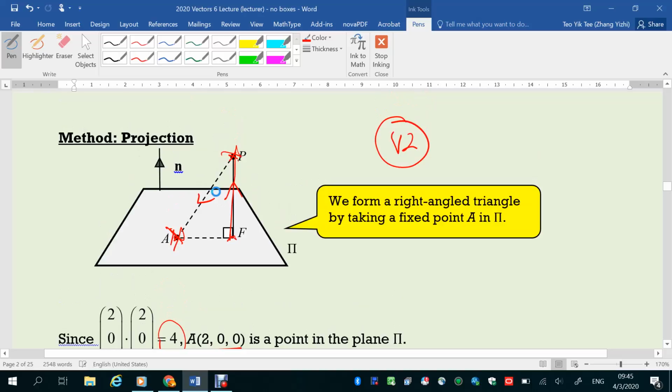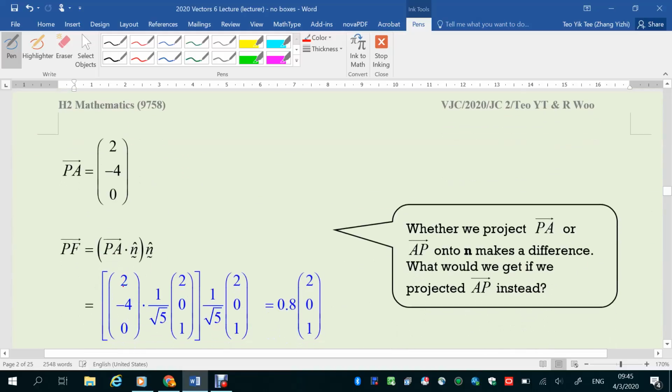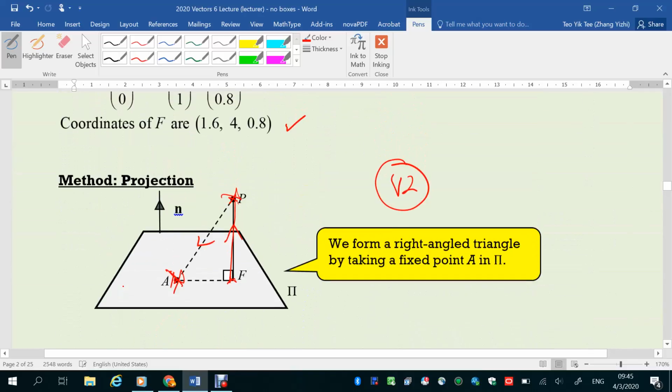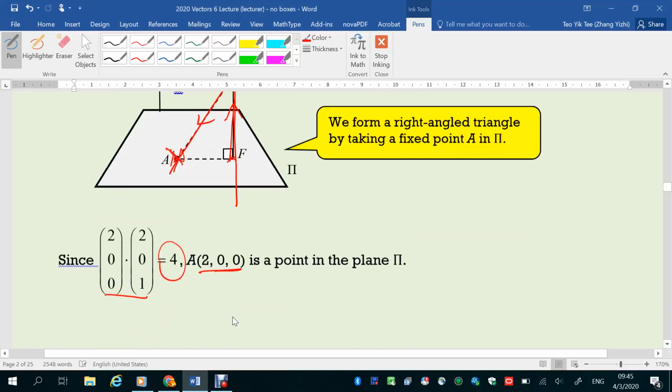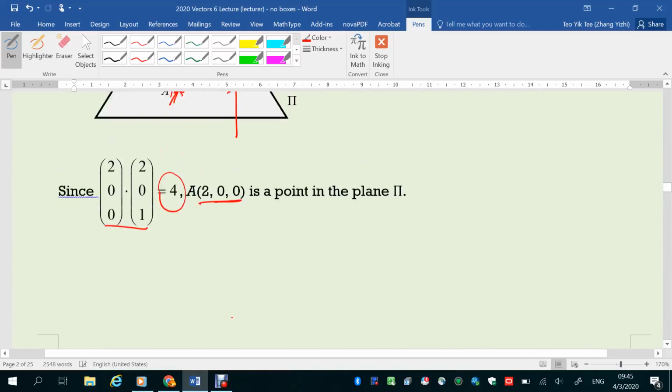Okay, I go and find PA. PA is 2 minus 4, 0. Then PA dot with n hat, the normal vector, multiplied by n hat, will actually give me PF.